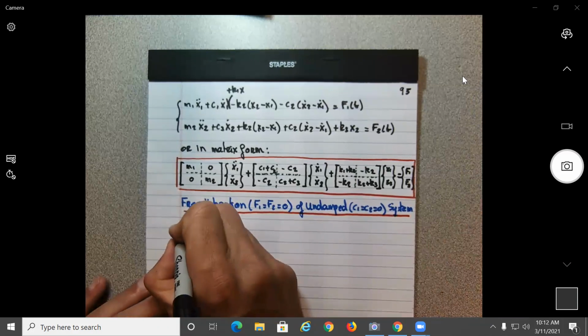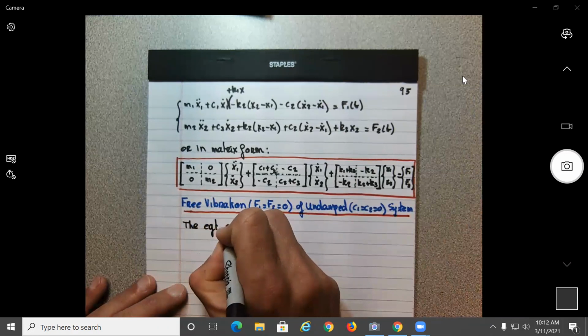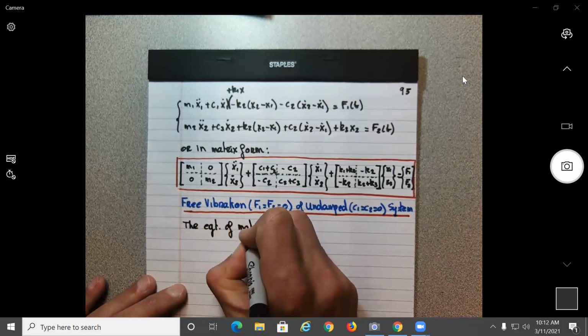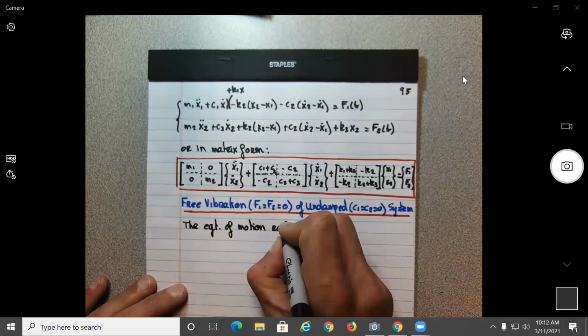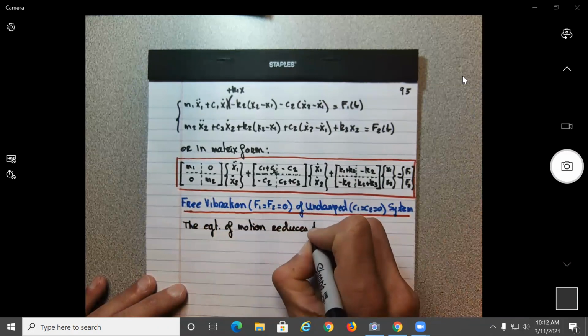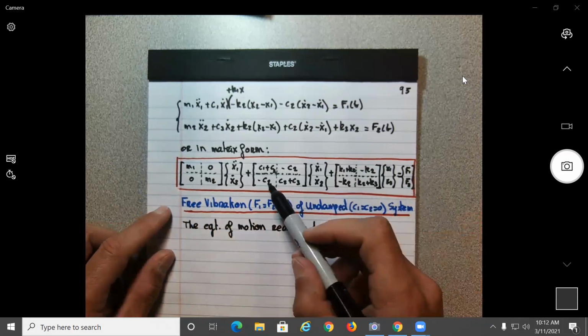Okay, so you can write here the equation of motion reduces to what? Basically this is 0 and all this matrix is 0.